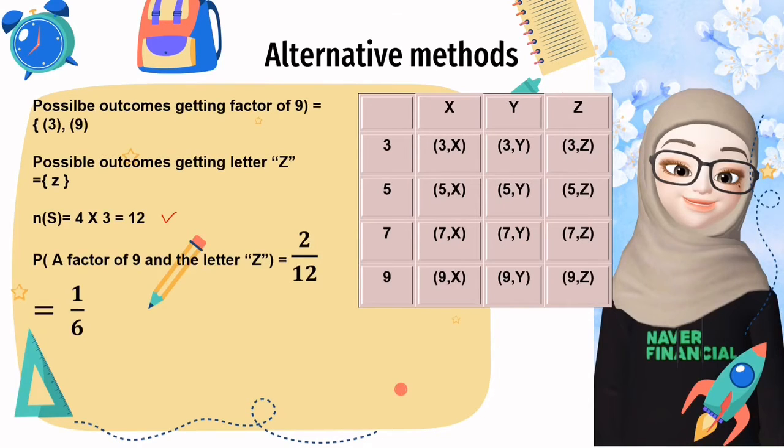And then the possible outcomes for a factor of 9 and letter Z. So a factor of 9 should be 3 and 9, and letter Z. So this is not the answer, because this is X. No, because Y. So this is no, because it's 5, 7. Okay, so the answer is 3 and Z, and 9 and Z. So 2 over 12. So still the same answer.